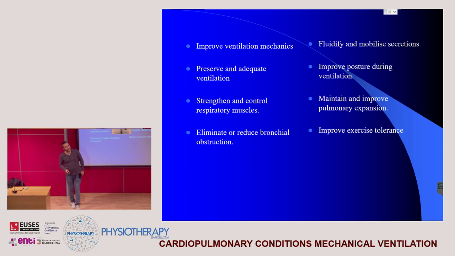Also, we have talked about how, depending on the position of our diaphragm and our lungs, we can improve the quantity of air, the volume, or the ventilation. So just with some different postures, we can improve our ventilation.